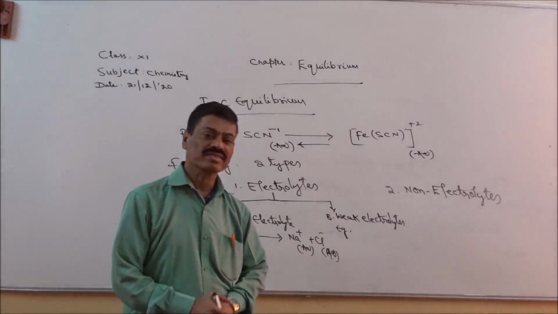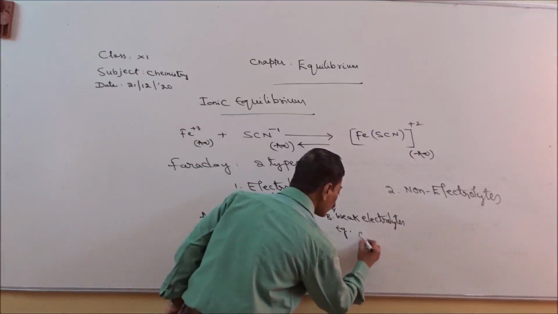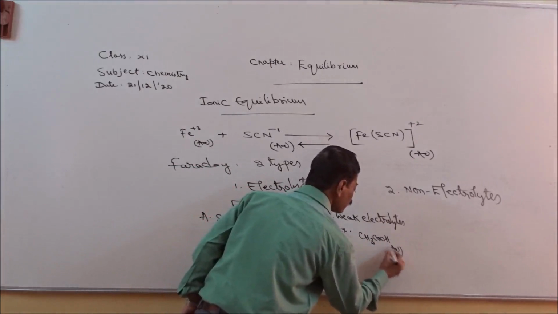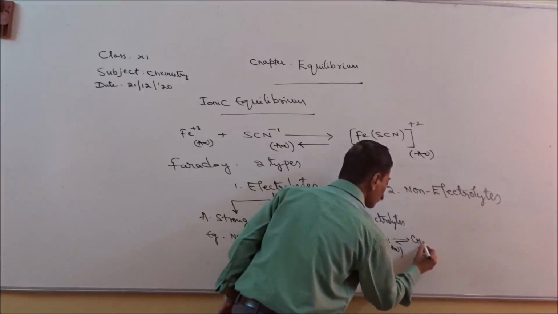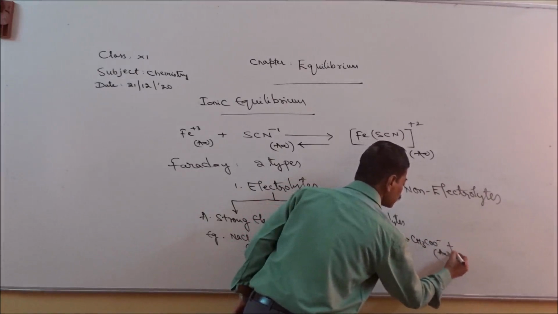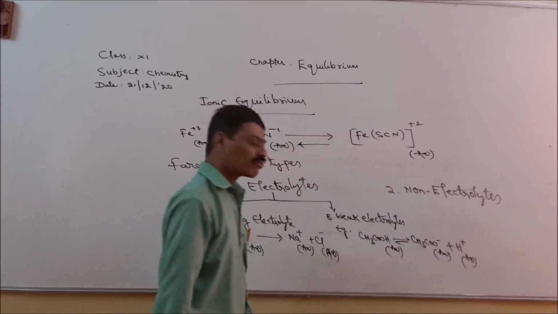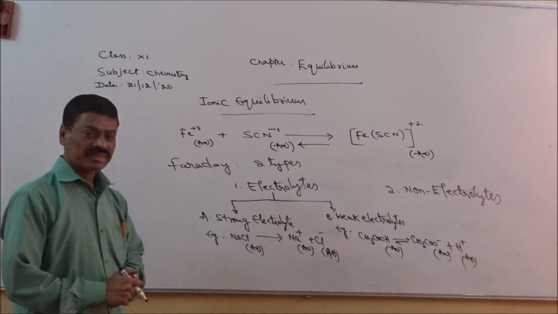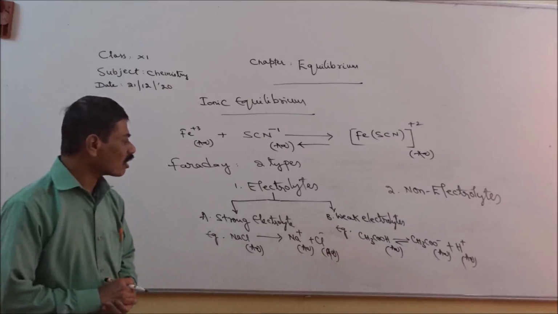Examples, ethanoic acid, ammonium hydroxide. If you take ethanoic acid in aqueous medium, it undergoes ionization to form ethanoate ion and proton in aqueous medium.